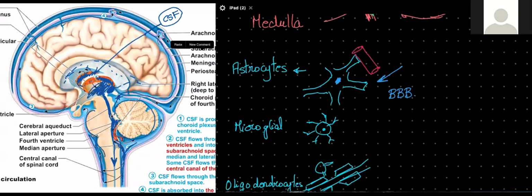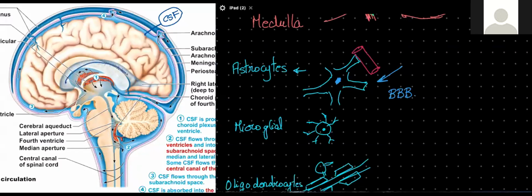So again, where do I produce the cerebrospinal fluid? The cerebrospinal fluid is going to be produced from your choroid plexus, which is part of my epithalamus. It circulates inside the ventricles, lateral, third, and fourth ventricles. It also circulates in the subarachnoid space.